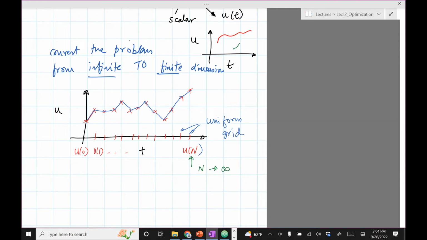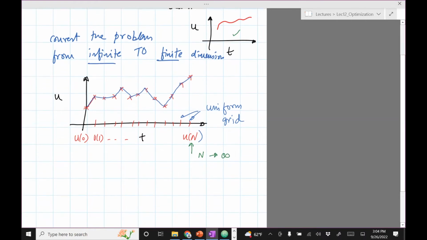So what typically people do is they'll solve this problem for some, say, 10 points. And then they solve it for 11 and 12, and see if that cost goes down as you increase n. If it goes down, then you have to keep increasing. But if the cost doesn't change much, then you probably are very close to the optimal solution. You don't have to bother increasing n. But the smaller the n, the better, because the problem is smaller.